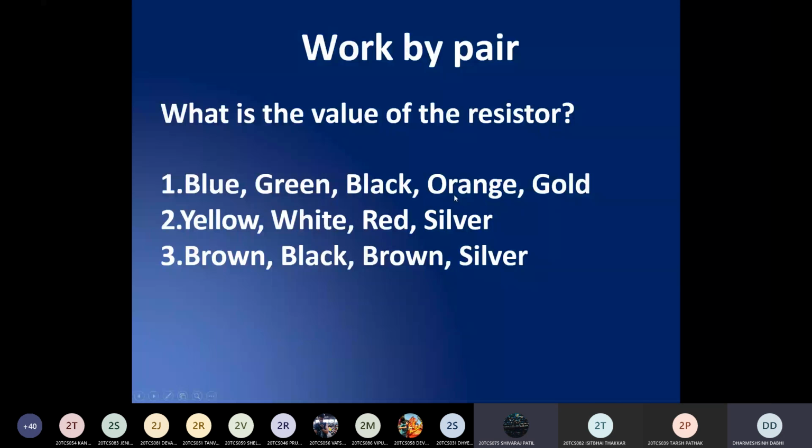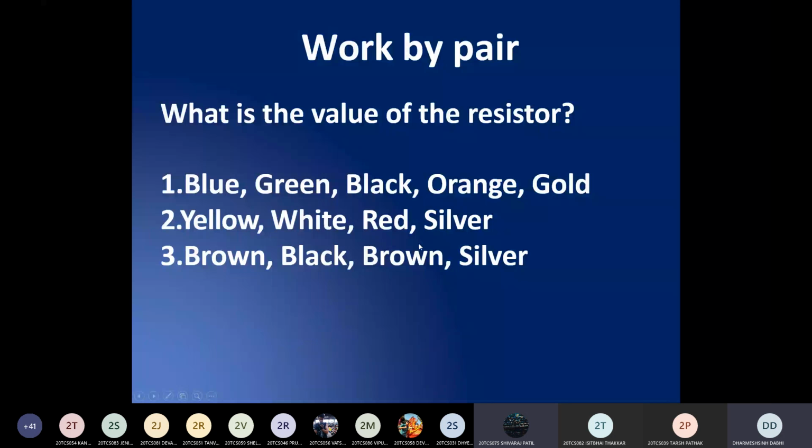It means this is 650 kilo ohm. Plus or minus how much variation? Gold, which means 5%. Very good. So it is 650 kilo ohm plus minus 5% variation. Clear? So this is the answer to the first question.